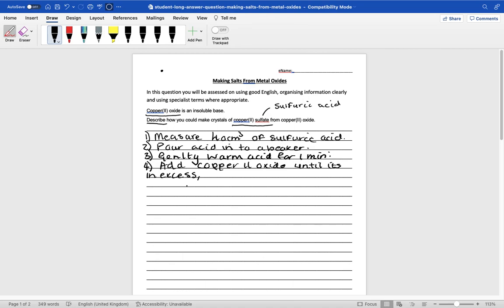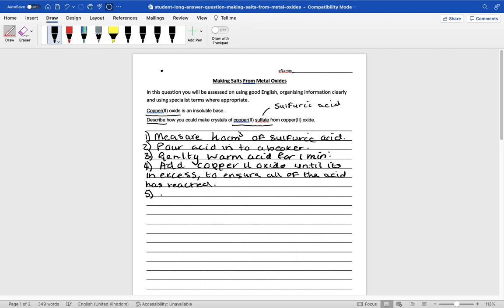It's basically to make sure that all of the sulfuric acid has reacted, it's all neutralised. So I'm going to write on why we've done it: add copper 2 oxide until it's in excess to ensure all of the acid has reacted or neutralised.